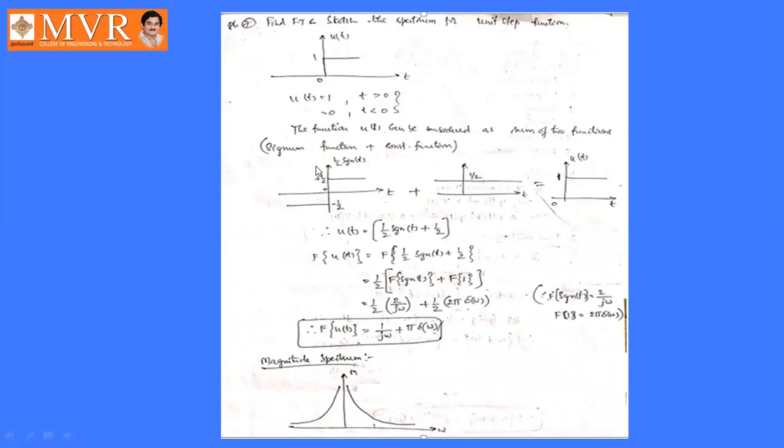From 0 to infinity, its value is plus half. Okay. So by adding the half signum function with a constant function having the amplitude 1 by 2, we will get the unit step function. So it is u of t equal to half of signum of t plus 1 by 2.